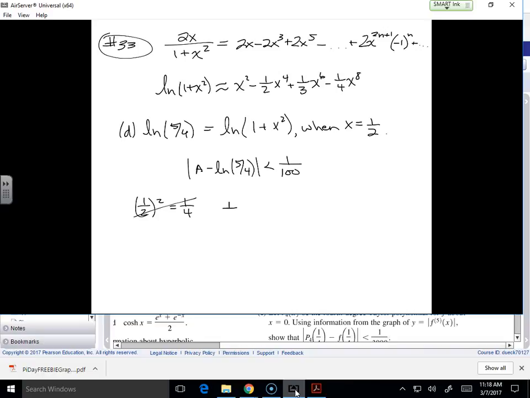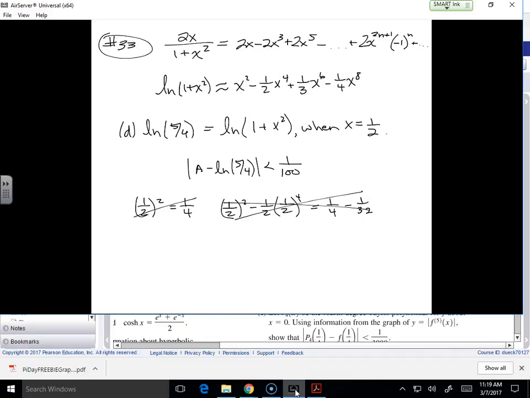We could do 1/2 squared minus 1/2 times 1/2 to the 4th. I think they said you could use your calculator on this one, but that would be 1/4 minus 1/32nd. Still not going to be less than 1 over 100, true?